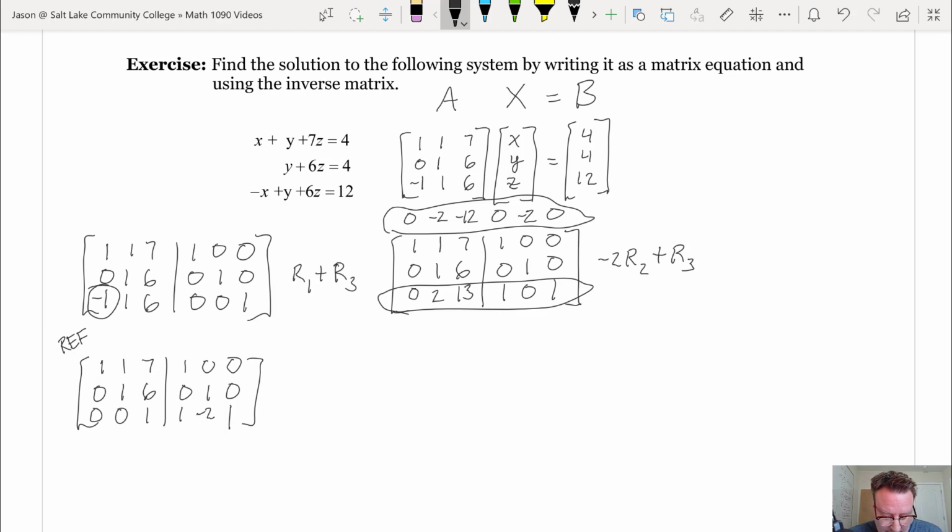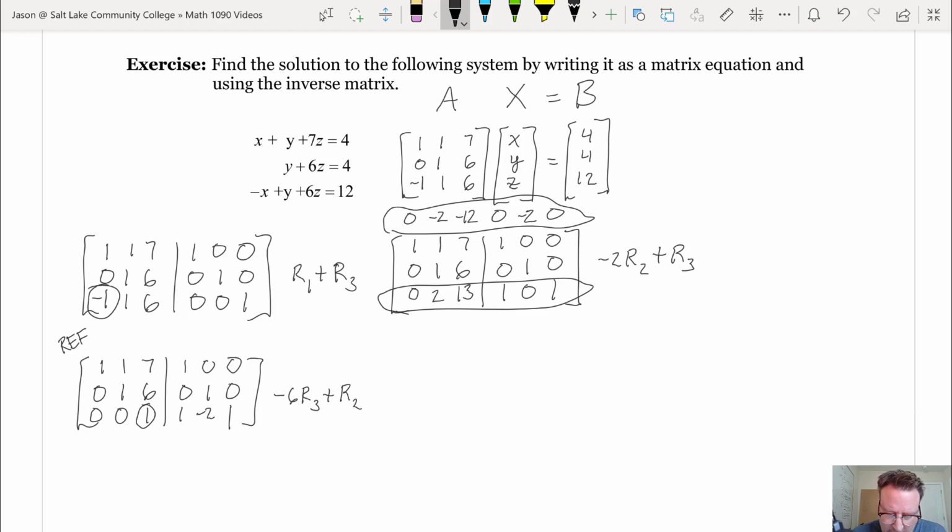Okay, so first thing I'm going to do is clear out the 6 above the 1. So I'll use this pivot here in row 3, and I'm going to multiply that by -6. So I'm going to do -6 times row 3 and add that into row 2.